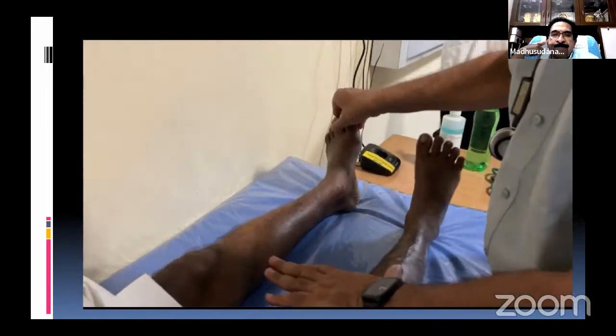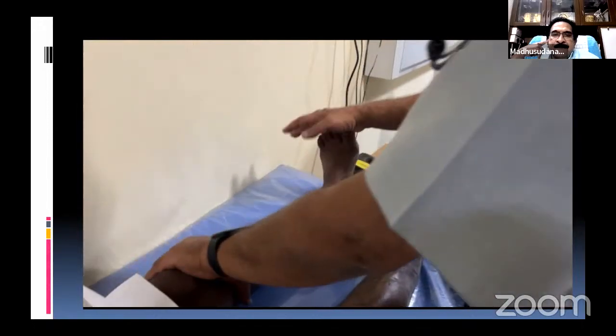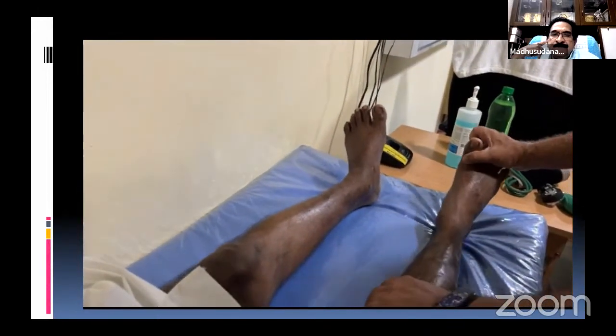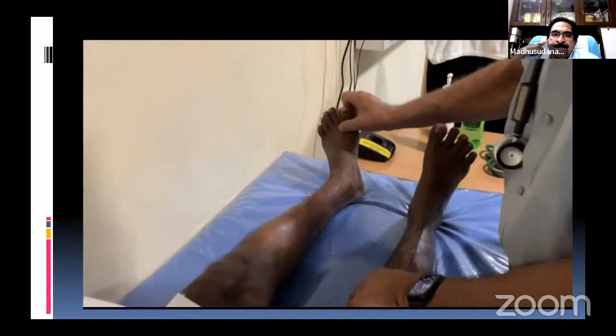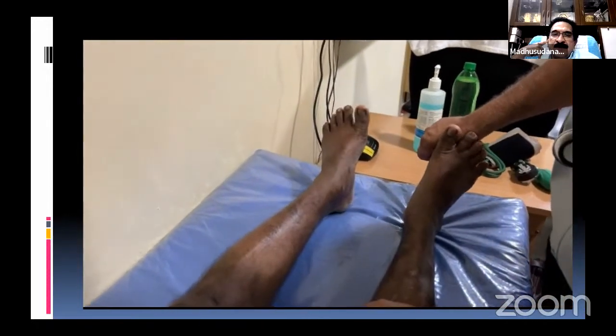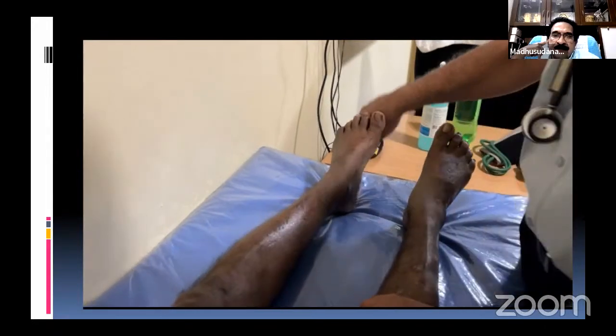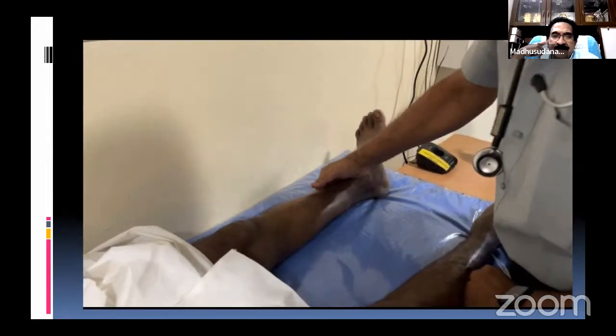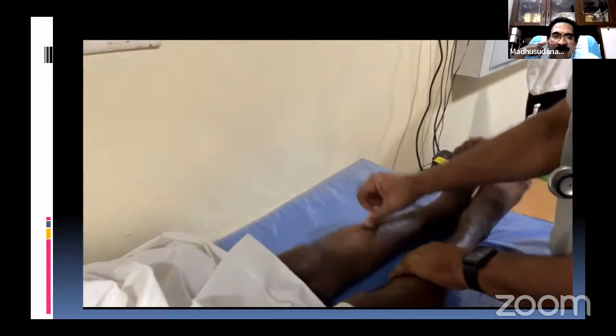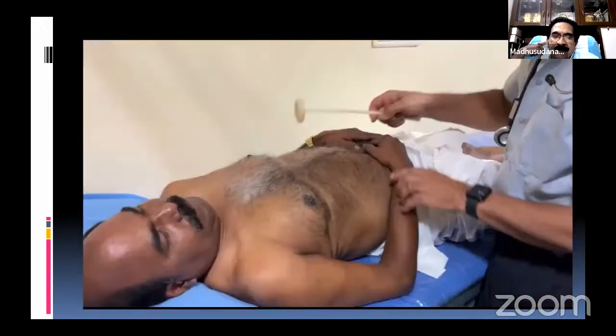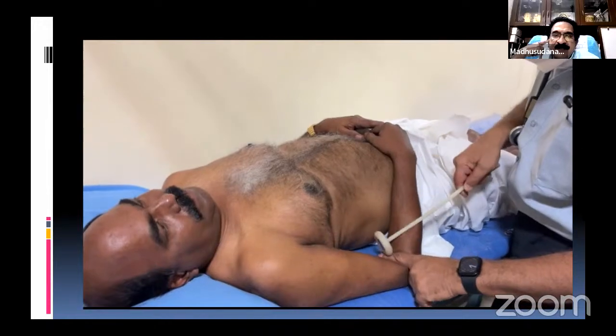Hip extension normal. Hip abduction normal. Hip adduction normal.